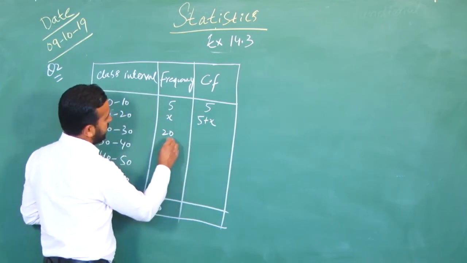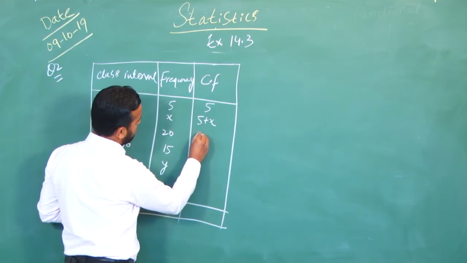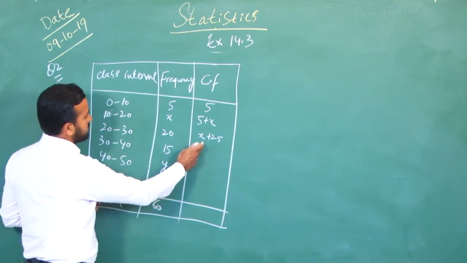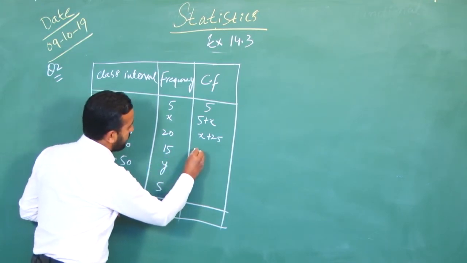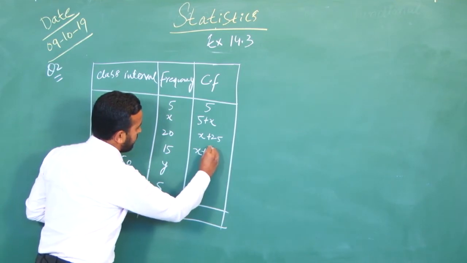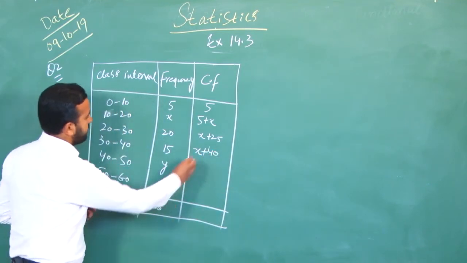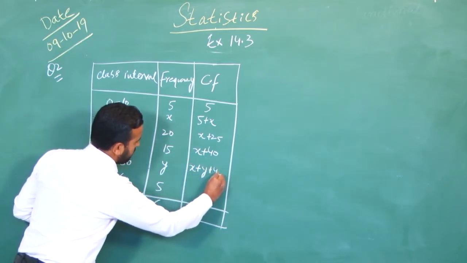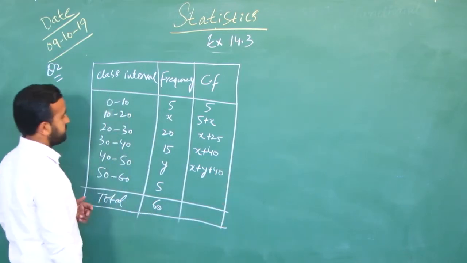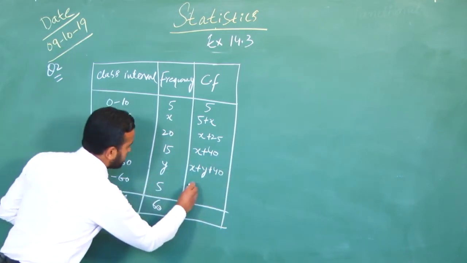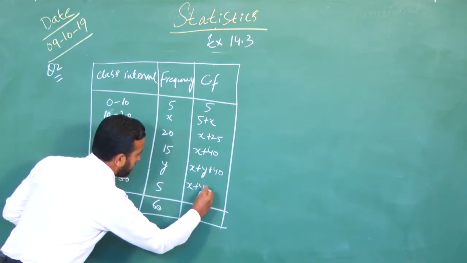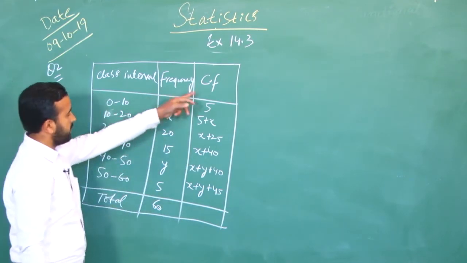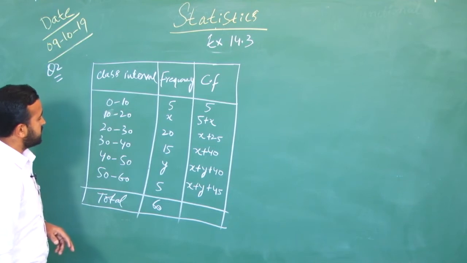Then 5 plus x is added with 20, which equals x plus 25, and x plus 25 is added with 15, giving x plus 40. Then x plus 40 is added with y, so x plus y plus 40, and the last value will be x plus y plus 45. In this way we have found the cumulative frequency of the given frequency distribution.